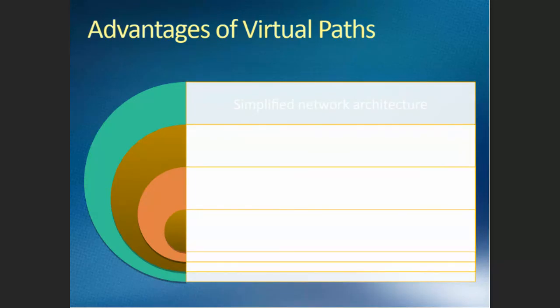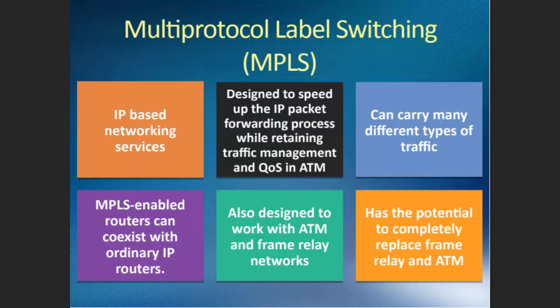All right. Now we have another technology called MPLS. This is a new technology. It's been a few years, or many years now, but it's one of the latest technologies and very efficient. MPLS, multi-protocol label switching, is based on label switching. It's IP-based network services. It will speed up the packet forwarding process.